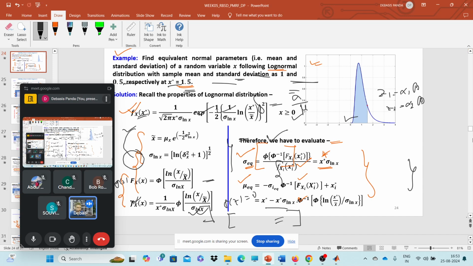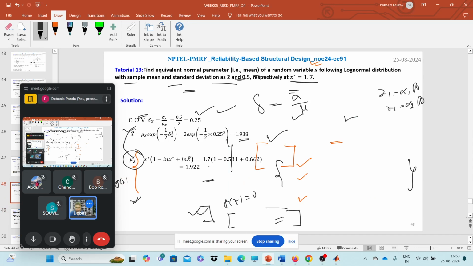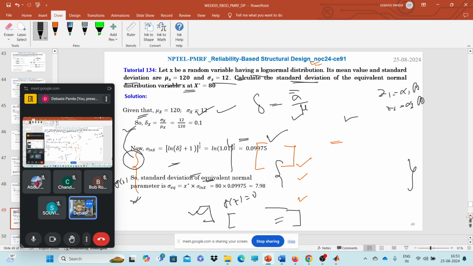Just equate this using this formula. So x star times 1 minus ln x plus ln x star. You just need to put all these values and equate it. So it will come as 1.922. Now sigma equivalent, you need to calculate in a similar way. You can find it out.